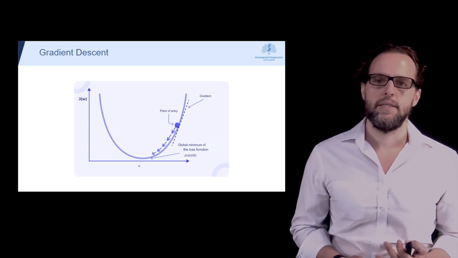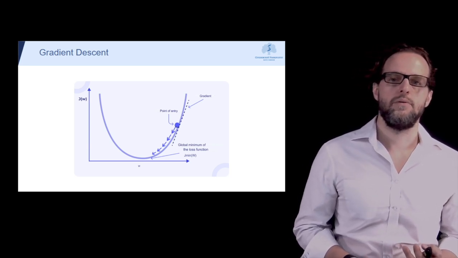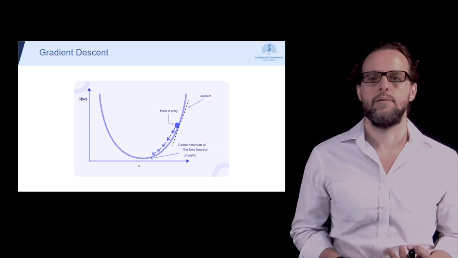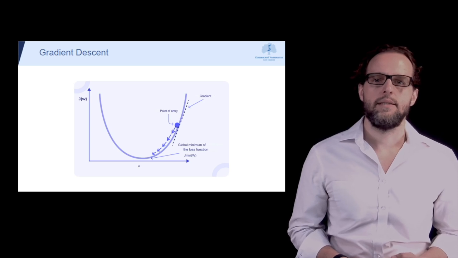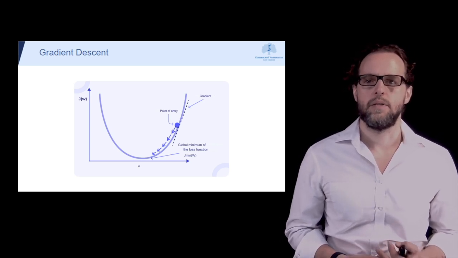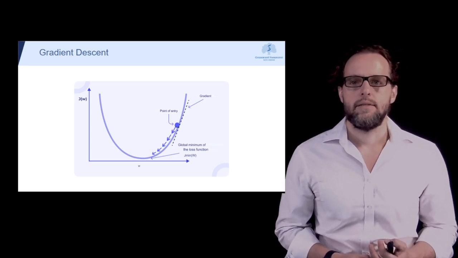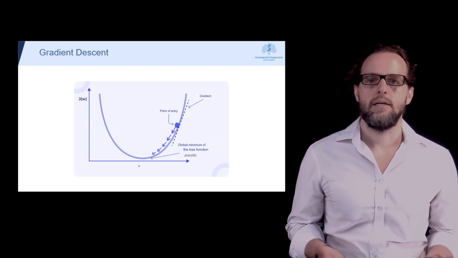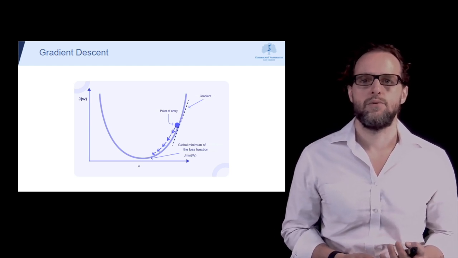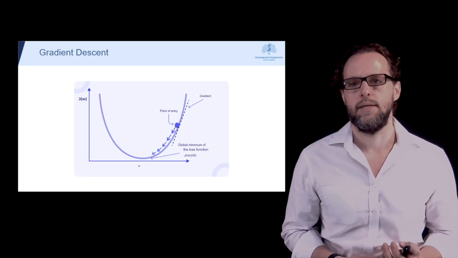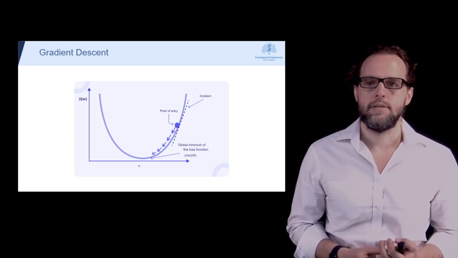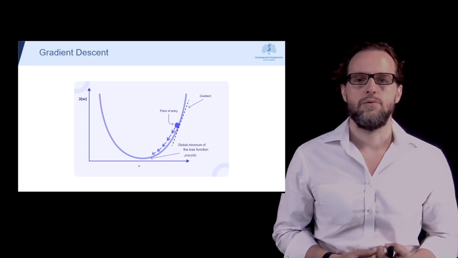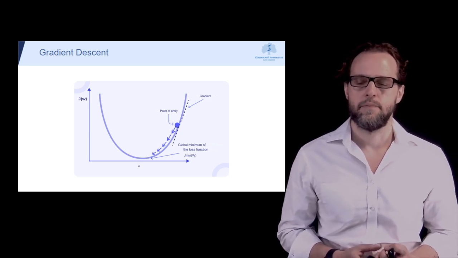Thus, error minimization is also often called loss function minimization. But how exactly does this work? Using optimizers, and these optimizers are used to update the weights, biases and internal parameters of the model in order to reduce the error.